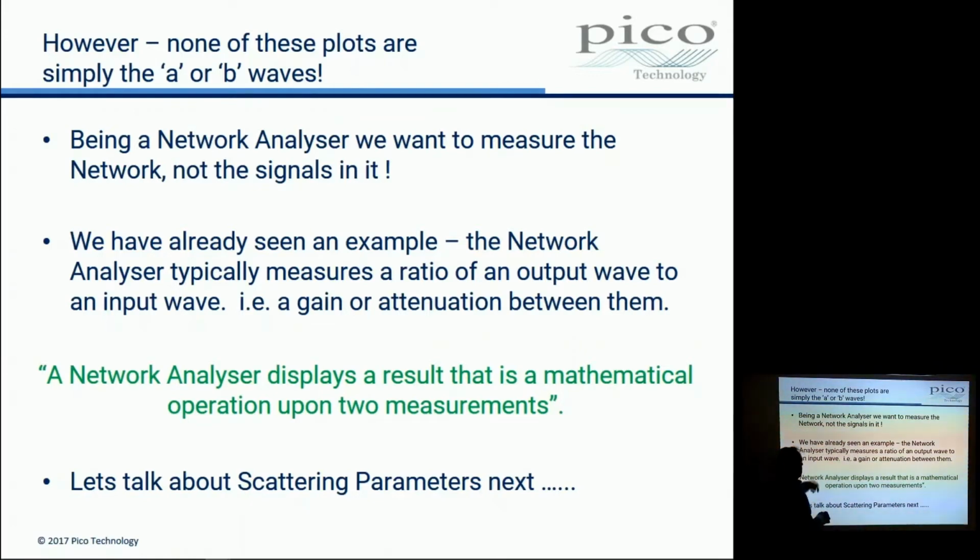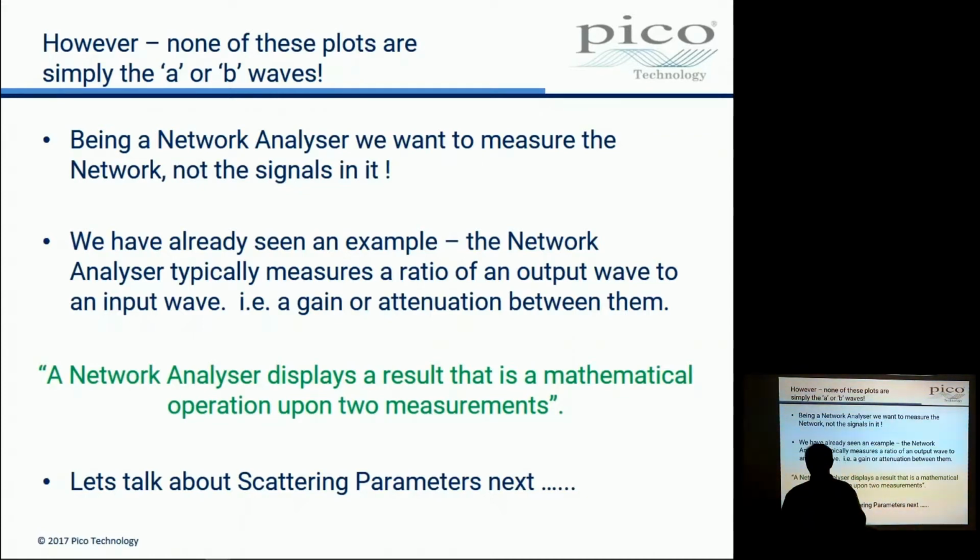We saw the example of the network analyzer typically measuring ratio of an output wave to an input wave. I did that using a picoscope, and we gained the attenuation between them. We ratioed the output, the B wave, to the A wave, the input, and we achieved a gain plot.